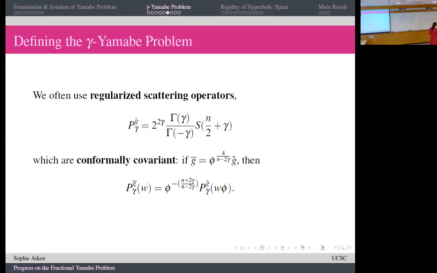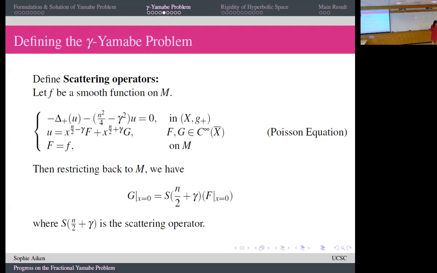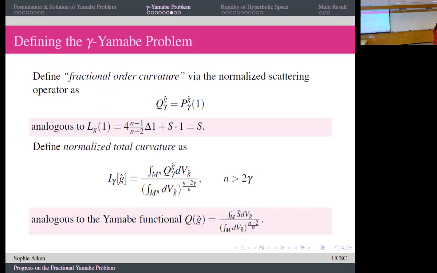Now if we look at the other half of the expansion, capital G, and restrict back to the boundary, that's equal to some operator acting on my f restricted back to the boundary, which is really just little f. And this operator is the scattering operator.